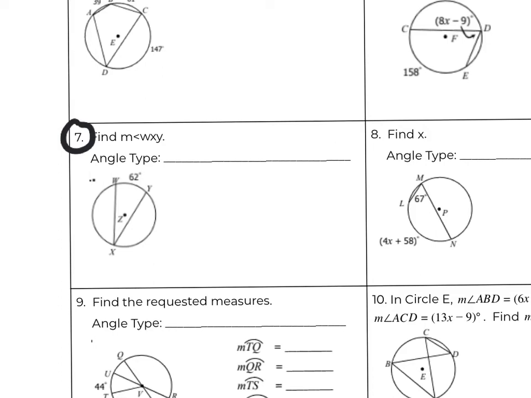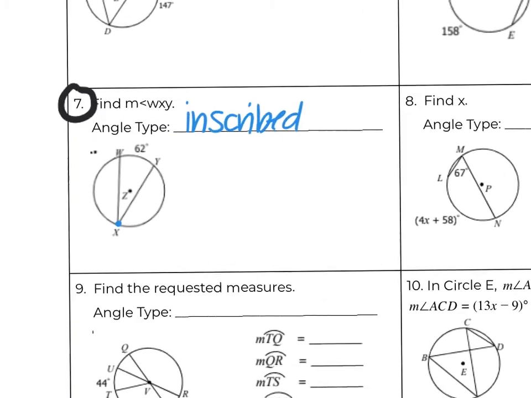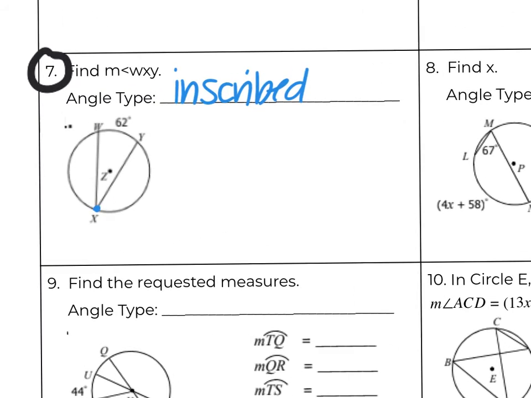All right, so 7, hopefully you saw, was an inscribed angle, because X was on the circle. They were looking for angle WXY, right? So they want the angle. What was the 62? The arc, because it's on the outside.